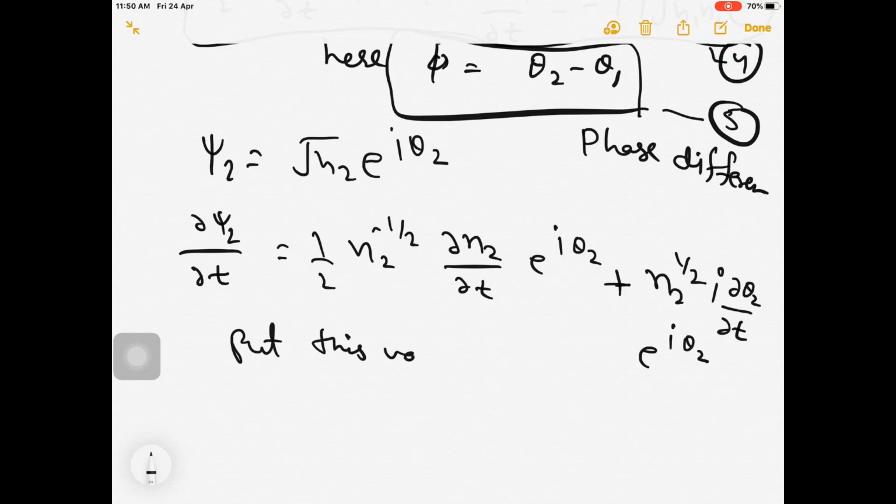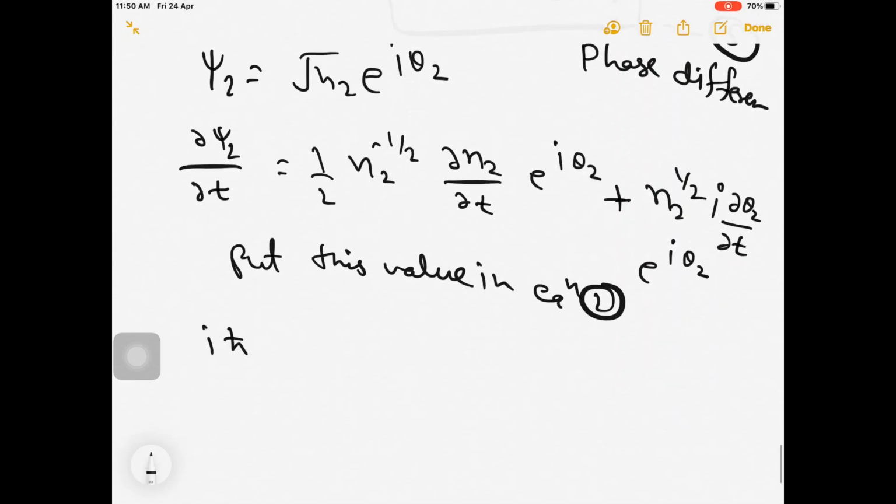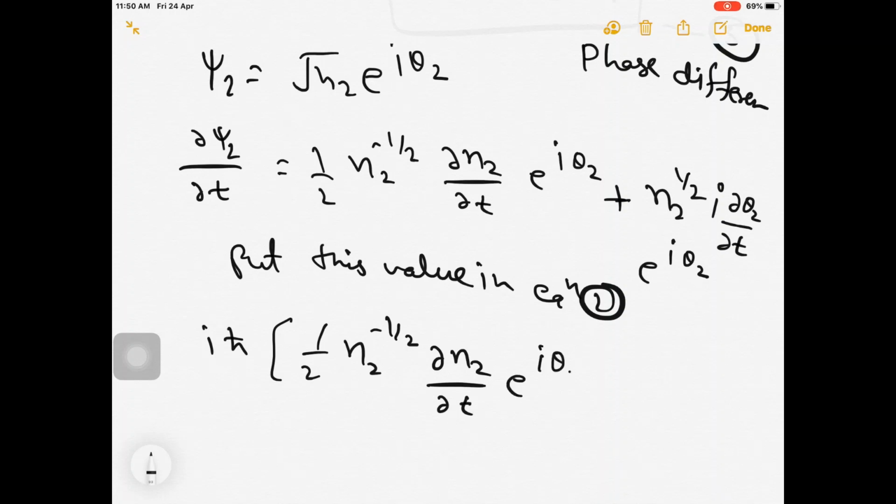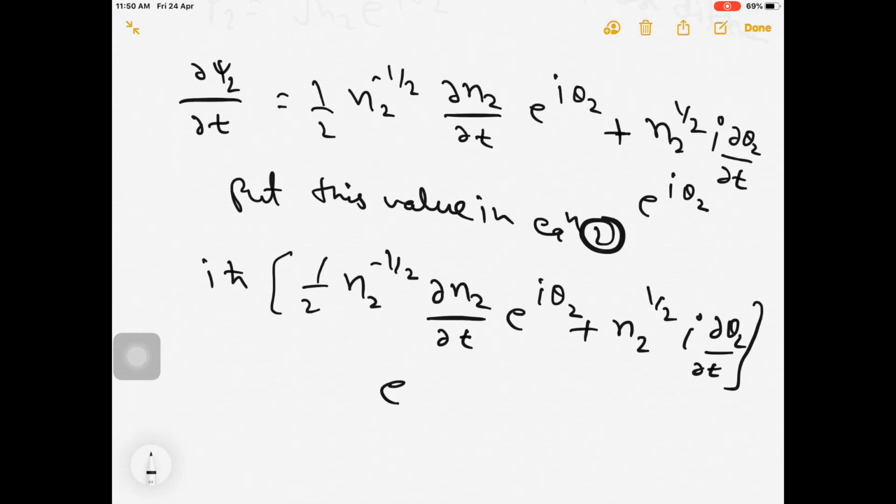Put this value in equation second, so I get iota h cut, 1 by 2 n2 power minus half del n2 divided by del t exponential iota theta 2 plus n2 power 1 by 2 iota del theta 2 divided by del t, and I can take common exponential iota theta 2, equals h cut t psi 1, and psi 1 is nothing but under root n1 exponential iota theta 1.